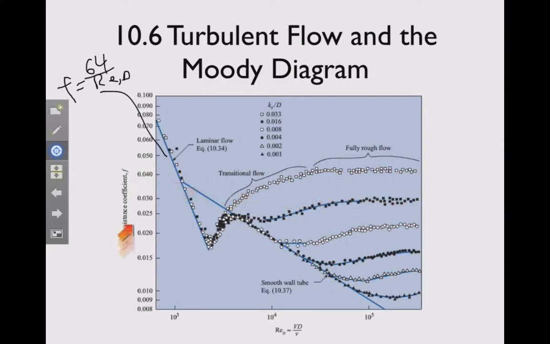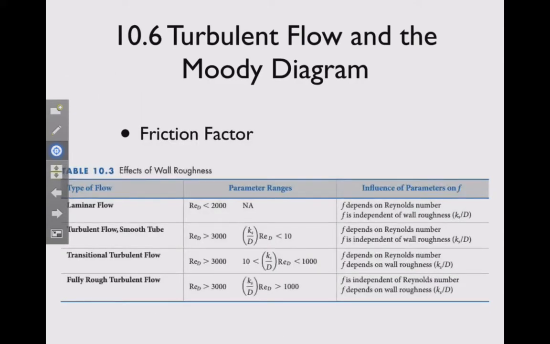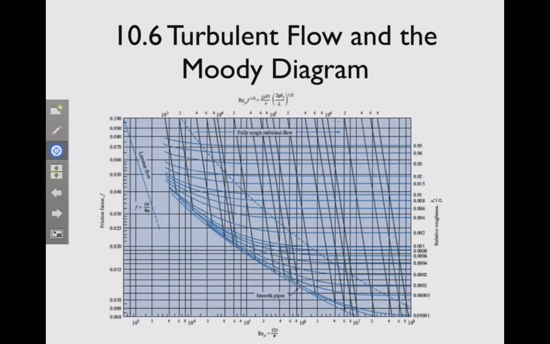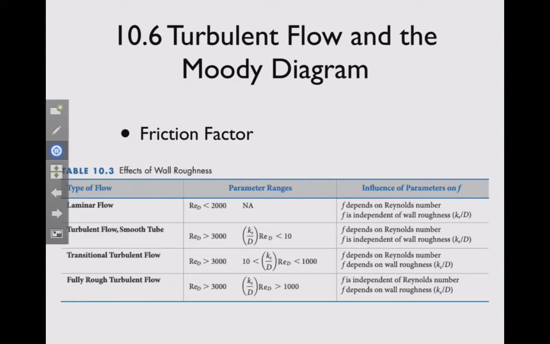I'm sorry, I take that back. They depend on the roughness, and the friction factors are very different for the different roughnesses. So that just gives you an idea of these different regions of those experiments done by Prandtl and Nikoradze when we look at this chart.